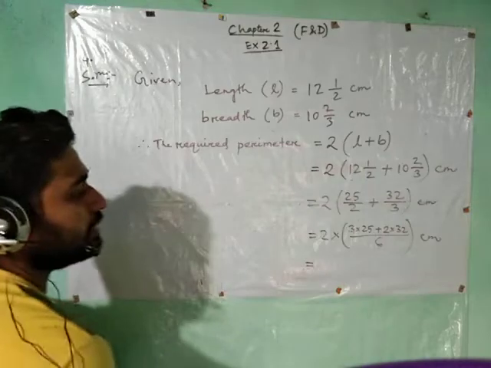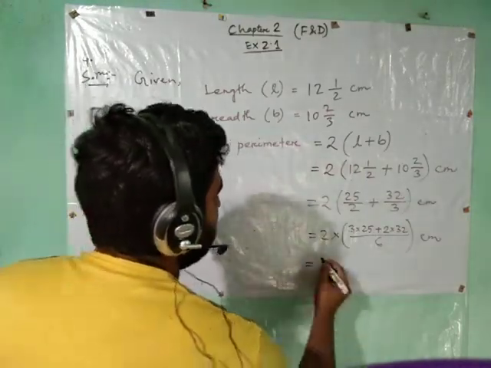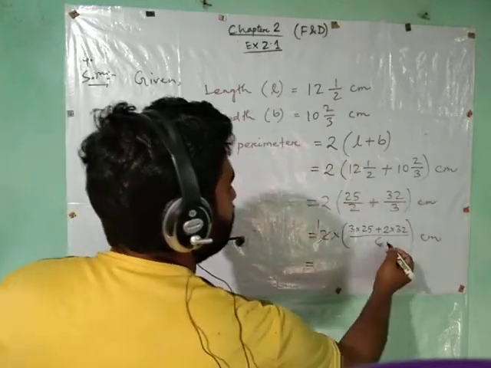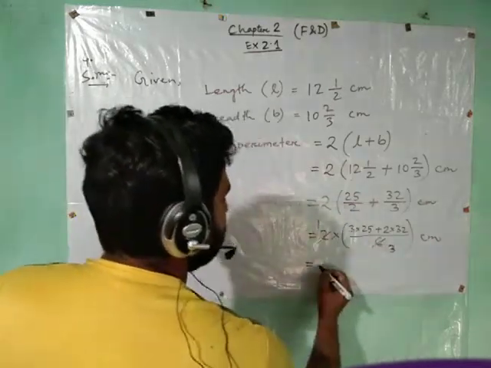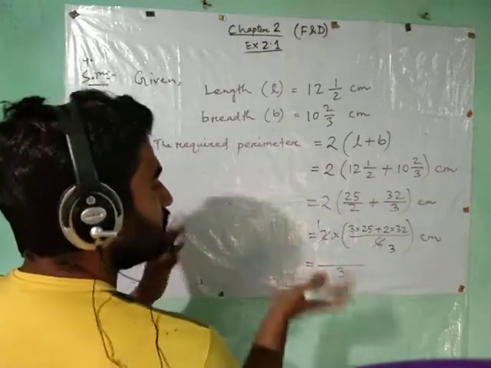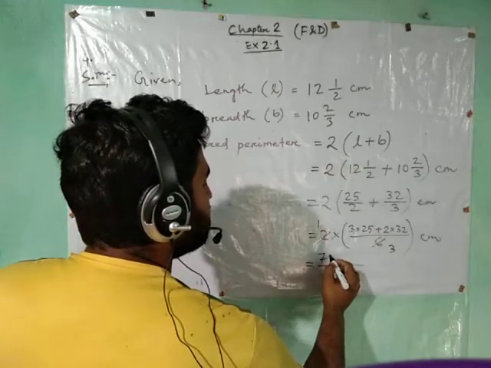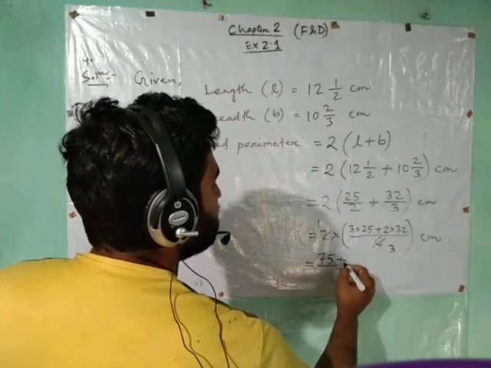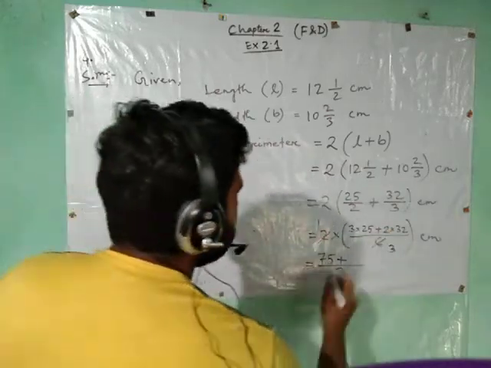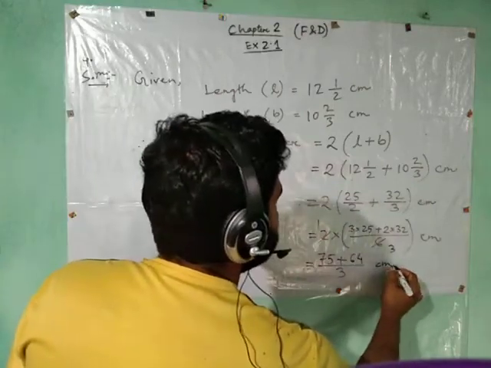If not, watch the video again, you will easily understand. Now you can cancel this. 2 1s are 2, 2 3s are 6, so simply this is 3, 2 is getting over. 3 25s are 75, plus 2 32s are 64, centimeter.